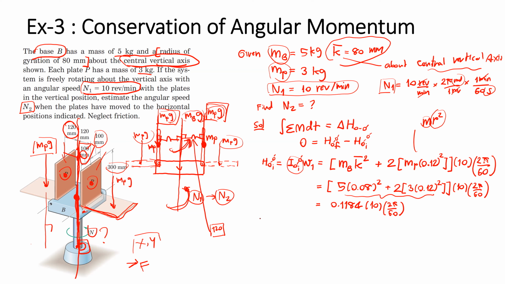Okay, for the final condition, the angular momentum around the axis O to O prime at final condition is equal to the moment of inertia O to O prime final multiplied by omega 2.